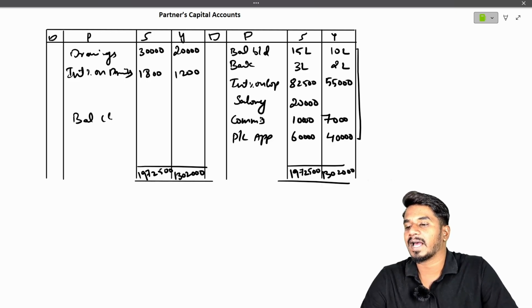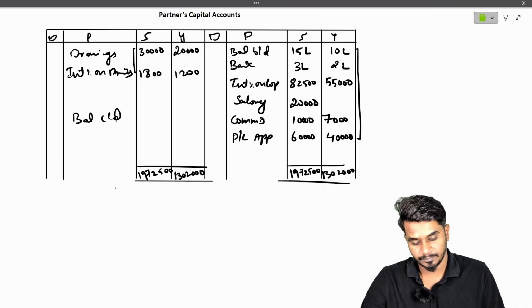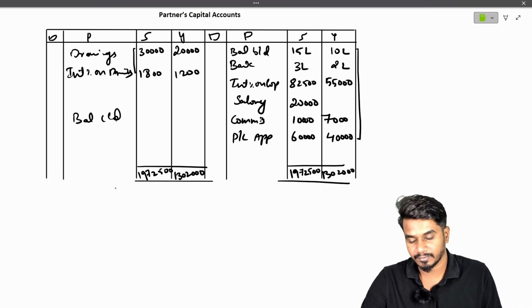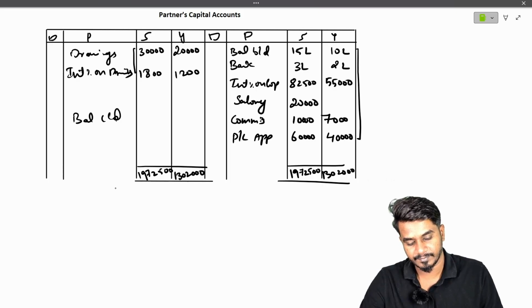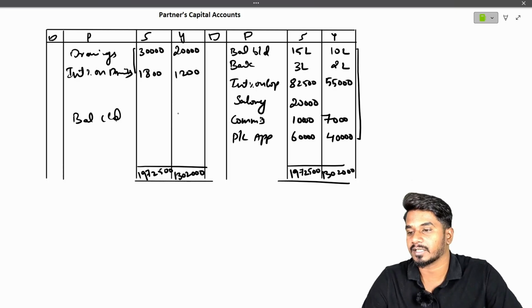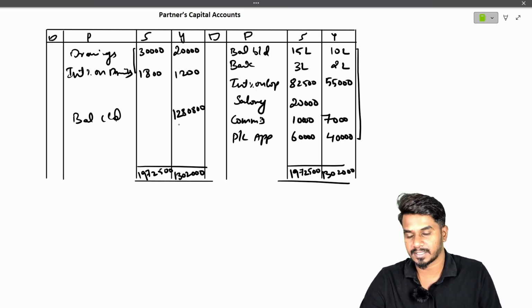Now you will get the balance carried down if you minus these things, right? From Yasmin's 13 lakh 2,000, we will minus 20,000 drawings and 1,200 rupees interest on drawings. It will come around 12 lakh 80,800. Right, balance carried down.